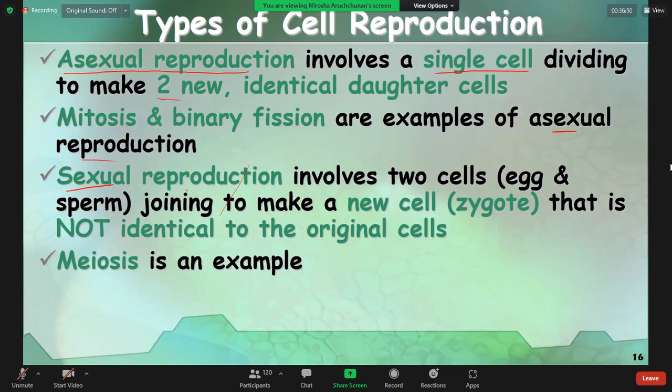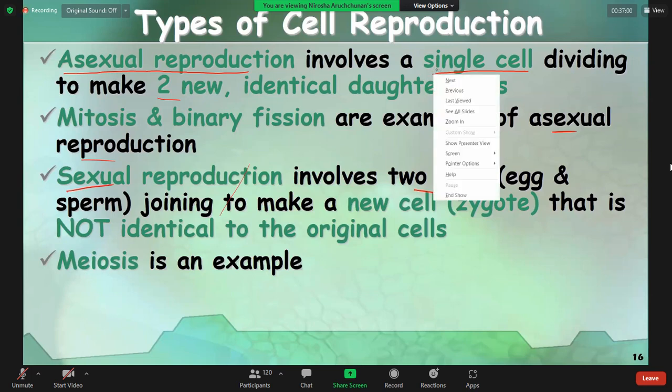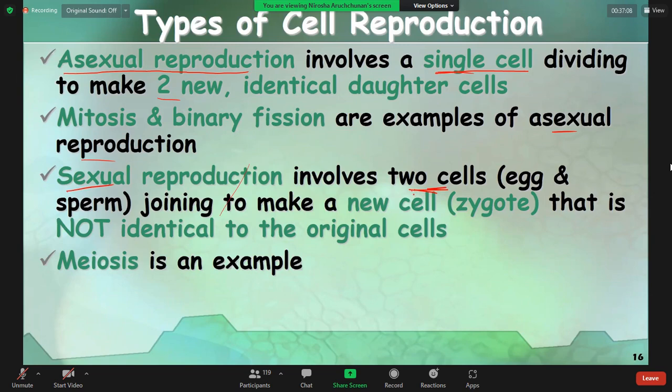Sexual reproduction involves two cells. Here asexual reproduction involves a single cell, while sexual reproduction involves two cells, for example egg cells and sperm cells.